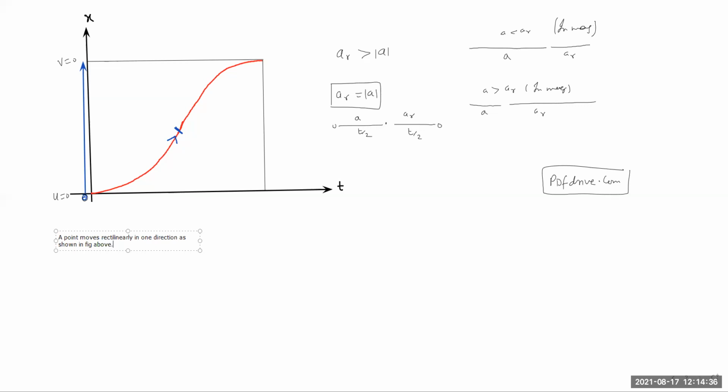The distance traversed by the point is shown.